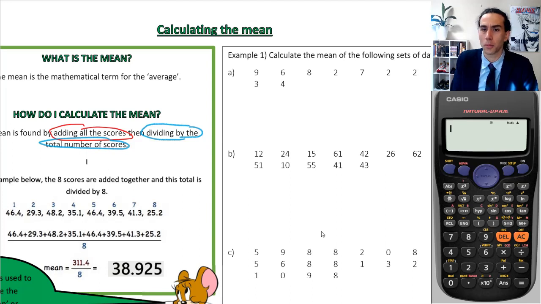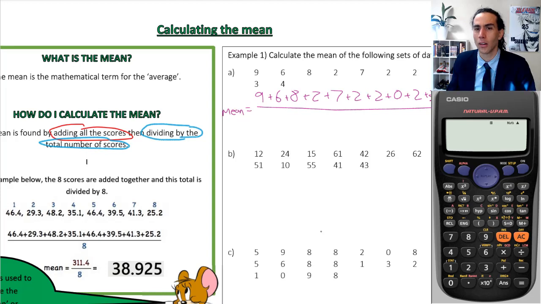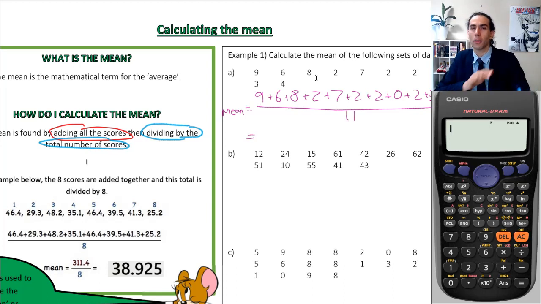You add them all up. 9 plus 6. Don't have to worry about order at all. And the 0 is a score. The mean is the average. And how many scores are there? 4, 5, 6, 7, 8, 9, 10, 11. 11 scores. Put that in a calculator, see what you get. All right, finishing up. Bye-bye.